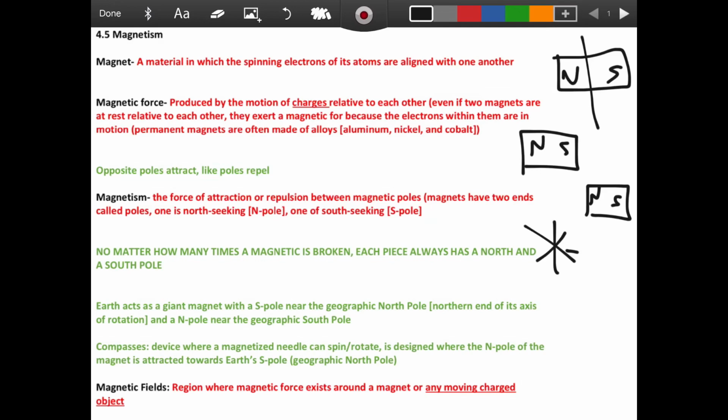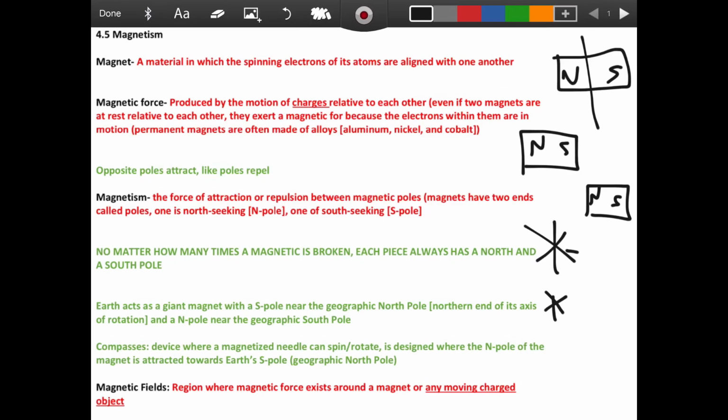And this can be confusing, but Earth is a giant magnet, and the south pole of this giant magnet is located at the geographic North Pole. Not the magnetic North Pole, but the geographic North Pole, or the northern end of the axis of rotation. And the magnetic North Pole is located near the geographic South Pole of the Earth.